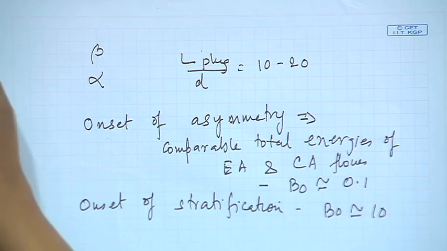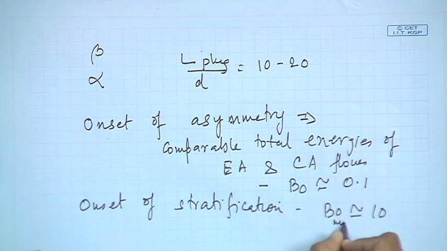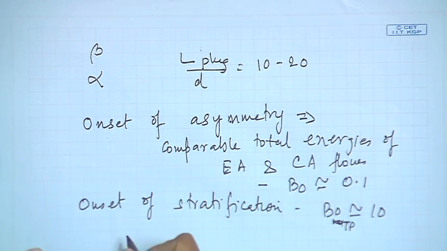So, what we postulated was the domain of mini channels that can occur between these values, where I would like to mention that this is the bond number of the two phase mixture.